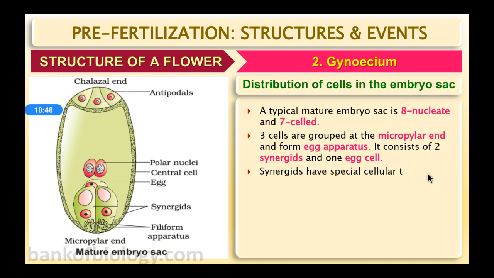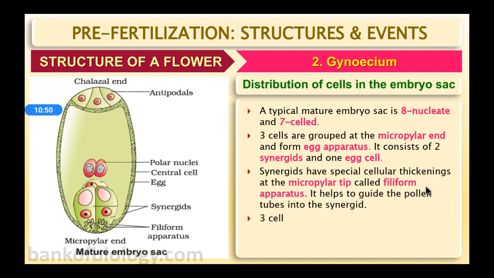There are 8 nuclei, 1 through 8. For 7 cells, there are 1, 2, 3, 4, 5, 6, and the two polar nuclei fuse together to form one cell, so 6 plus 1, 7. So a typical mature embryo sac is 8 nucleate and 7 celled.